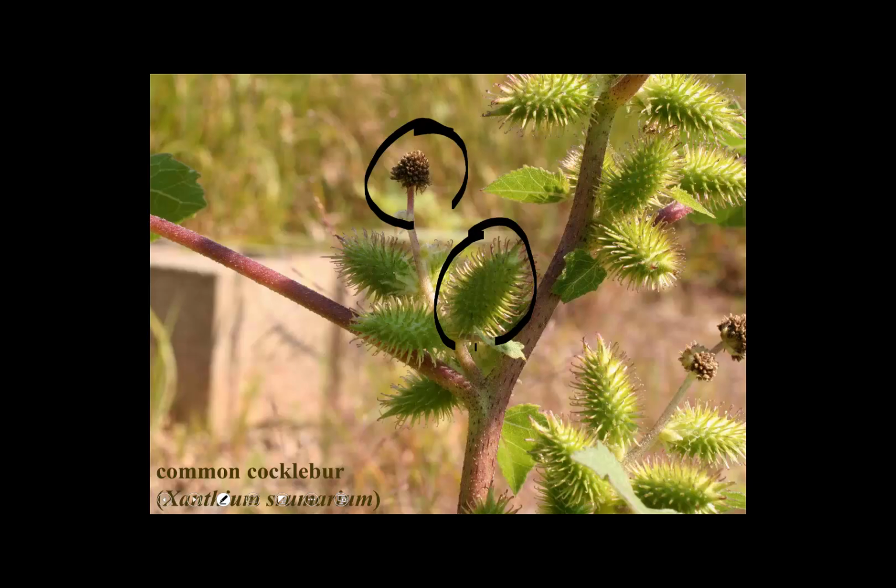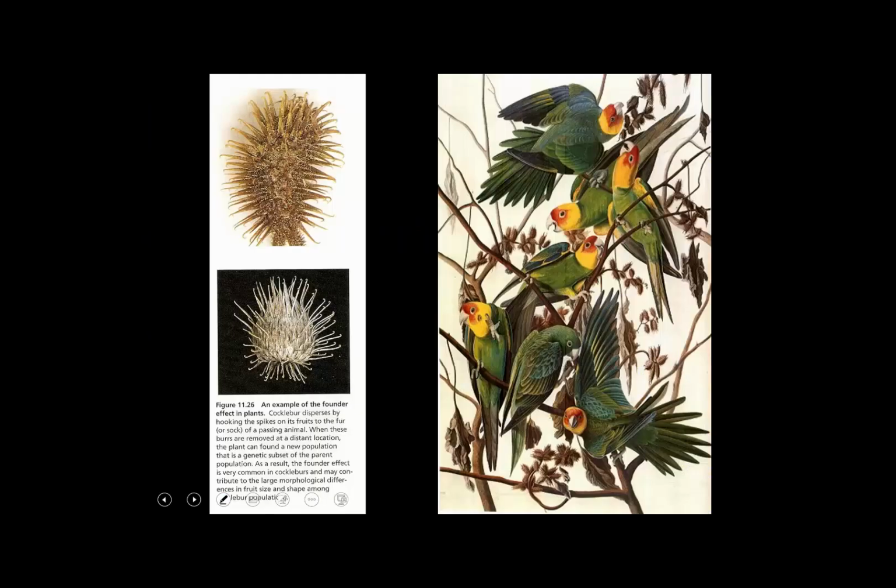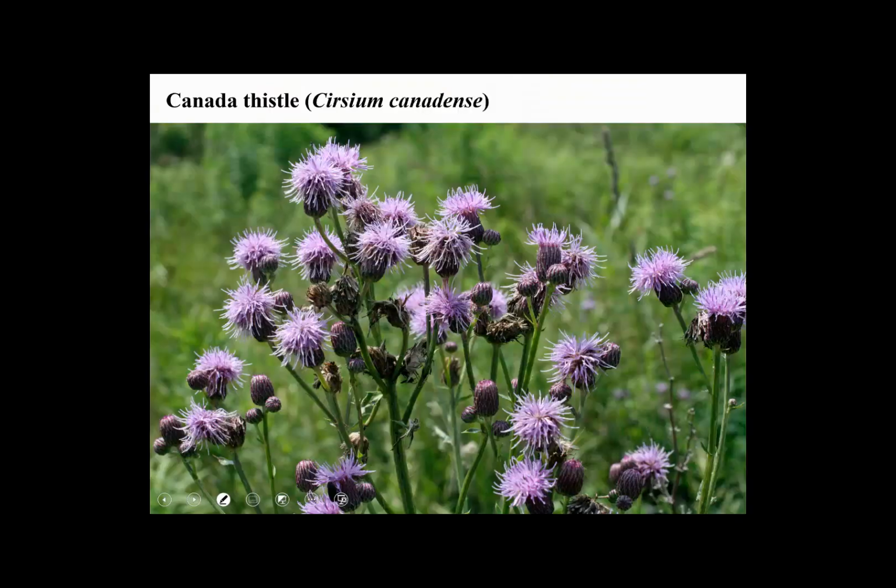And one of the noteworthy things about cocklebur is that it was the favorite food of the now extinct Carolina parakeet. This is Audubon's picture of the Carolina parakeet. Look, they're feasting on the cocklebur. So if you want to manage for Carolina parakeet, plant cocklebur.